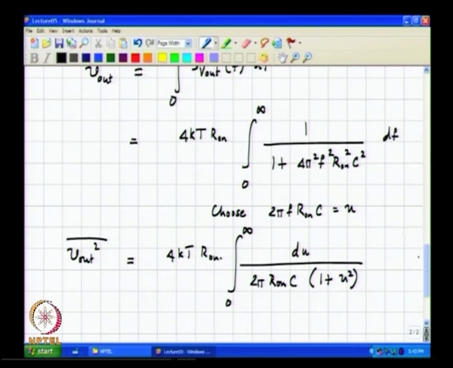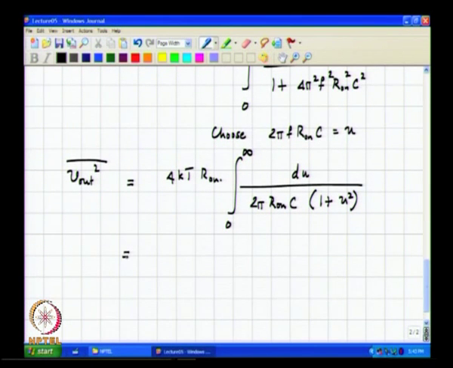Is this clear? And magically we see that this is 4kT by 2 pi C, because the R_on goes away.